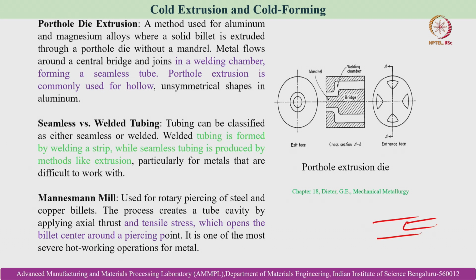There is piercing happening to get the hollow section, and from the top there is a tool trying to reduce the thickness. So, there is two-way deformation happening simultaneously to a workpiece to achieve this hollow pipe shape. That is called a Mannesmann mill. It is a very severe plastic deformation process.